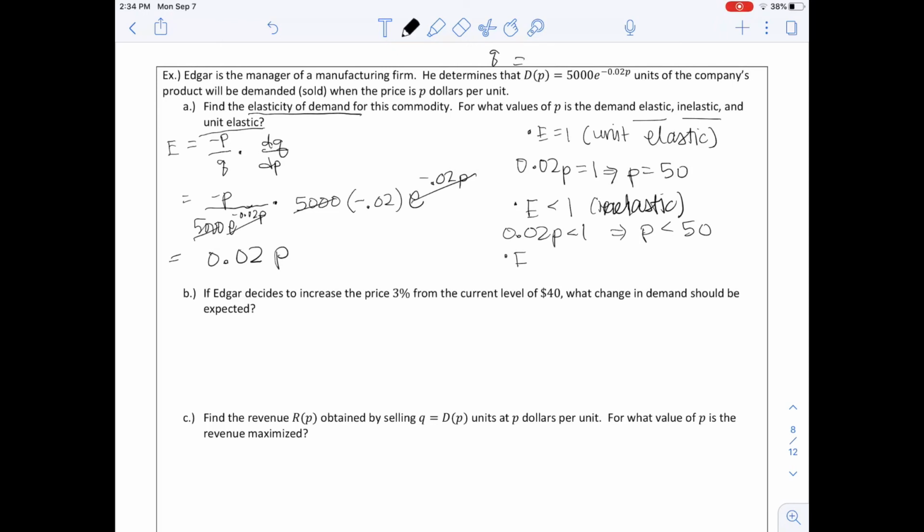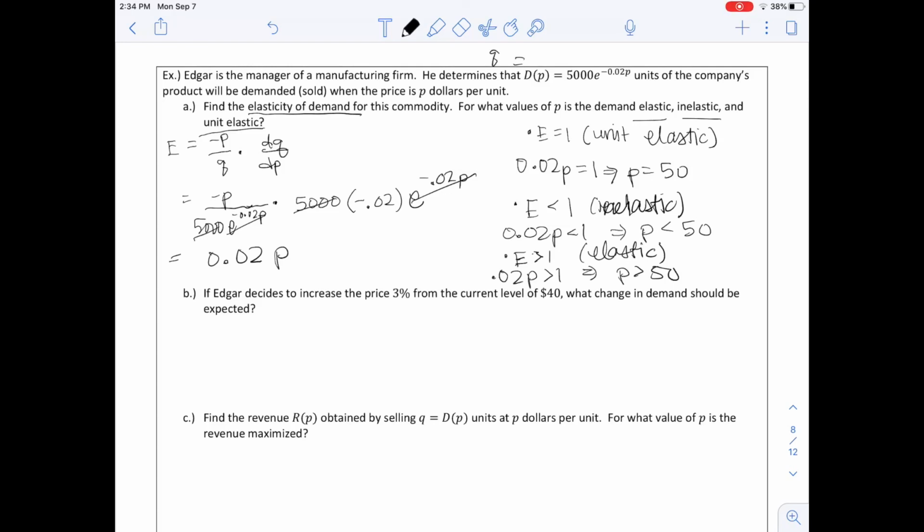And elastic demand is when E is going to be greater than 1. And so again, solving this or using what we have up above, we arrive at p greater than 50.